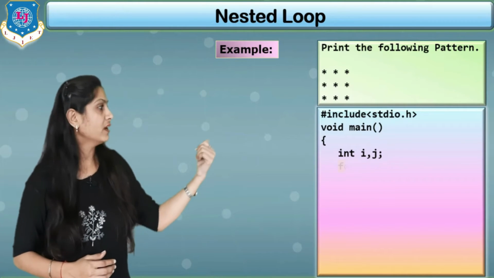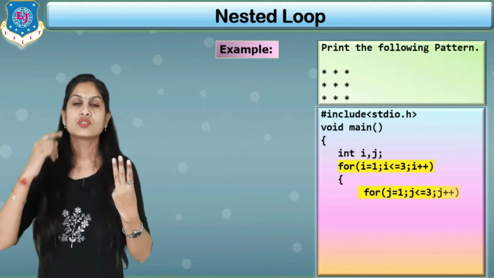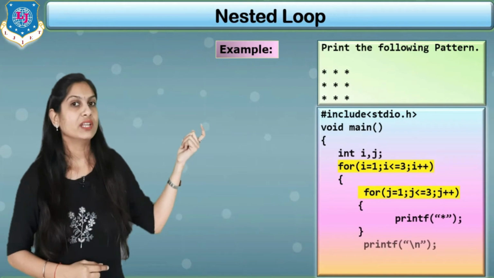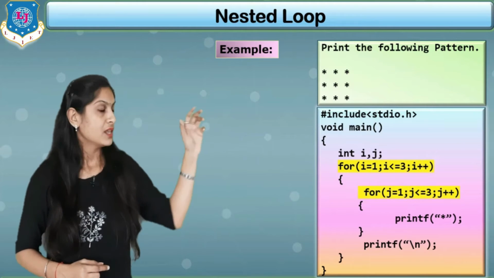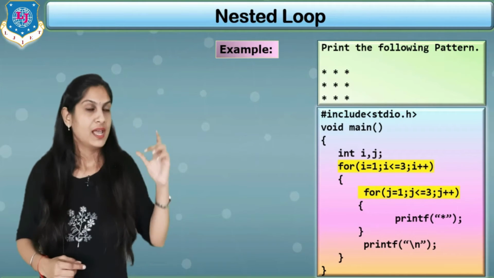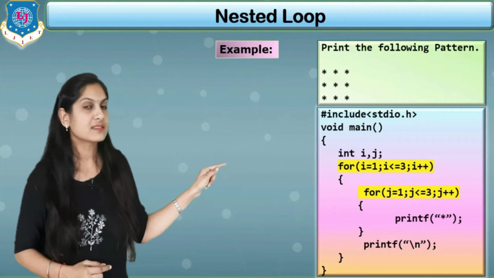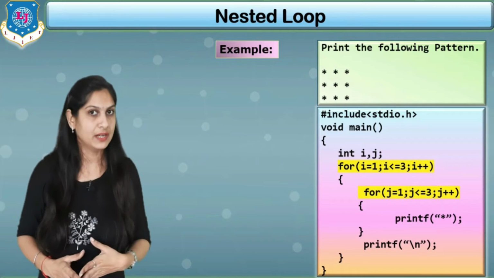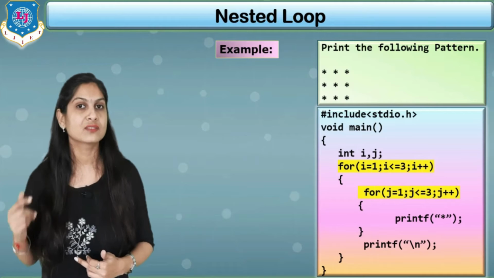Now for i equals 1, because there are 3 rows. So starting with 1 and ending with 3. So i starts with 1, i less than or equal to 3, and i plus plus. Now this is the outer loop, and again we have to put for. So inside this outer loop we put again for, that is our nested concept, and in this for we use j, that is column.